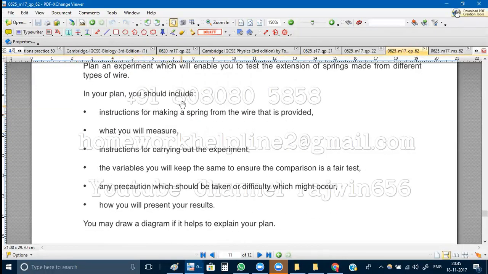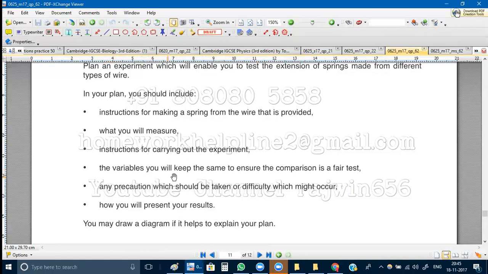In your plan, you should include instructions for making a spring from the wire that is provided. What you will measure. Instructions for carrying out the experiment.